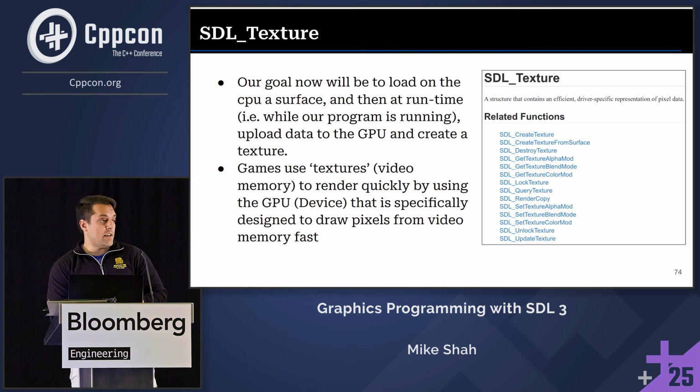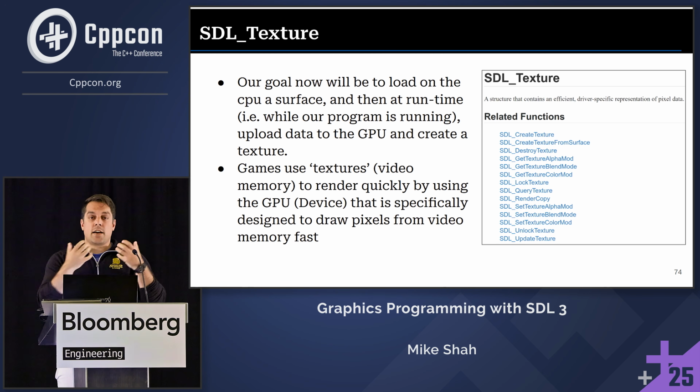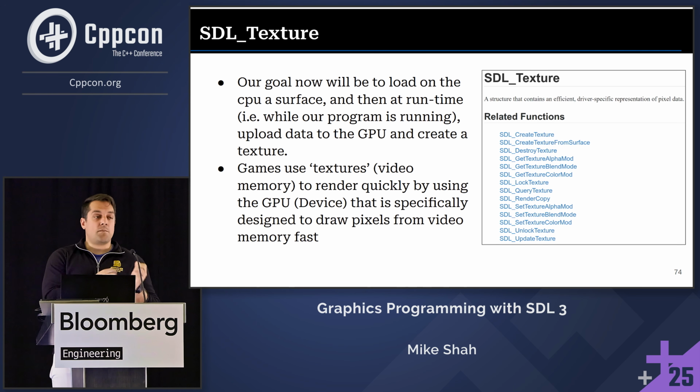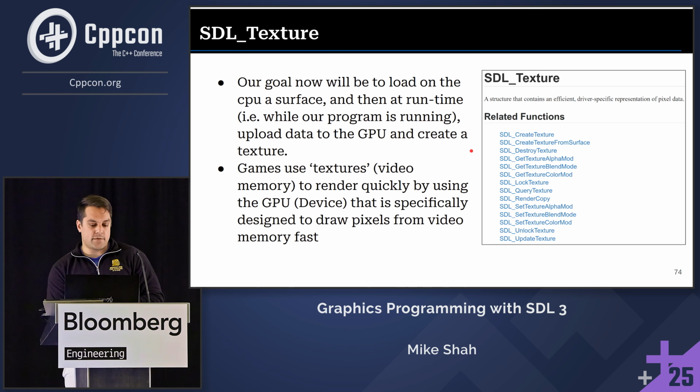For creating a texture from a surface, that's going through the step of saying, hey, I've got a bunch of pixels in this surface, and now I want to upload them to the graphics card and create a texture. So that's going to be these first and second functions here that are important. We'll just use the second one, but you could also create a texture and populate it from any memory that you have.